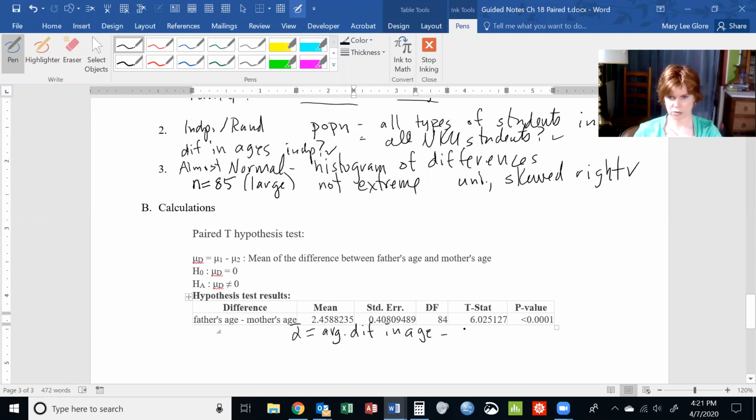So fathers are approximately 2.5 years, 2.46, all right, 2.5 years older than mothers for these 84 students.